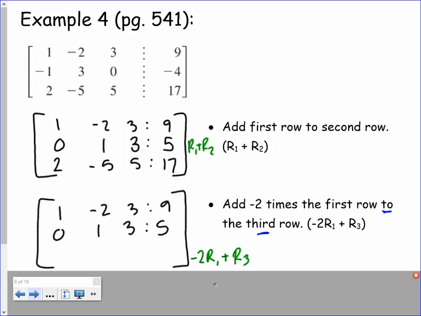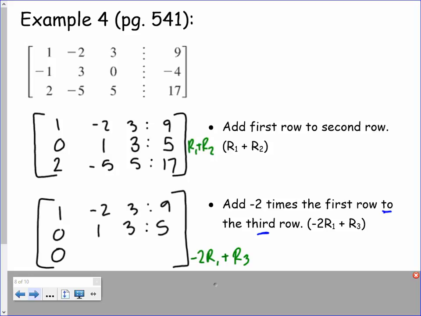So I go up to the first row. 1 times negative 2 is negative 2, plus 2 is 0. Next entry. Negative 2 times 2 is negative 4, plus positive 4.